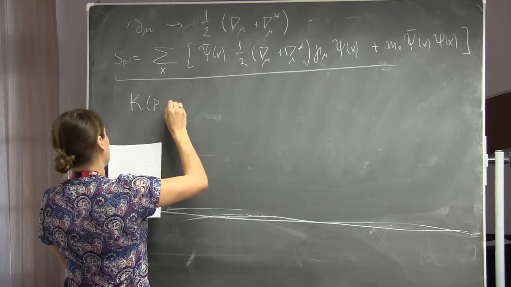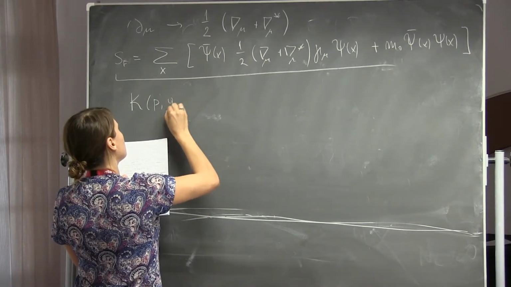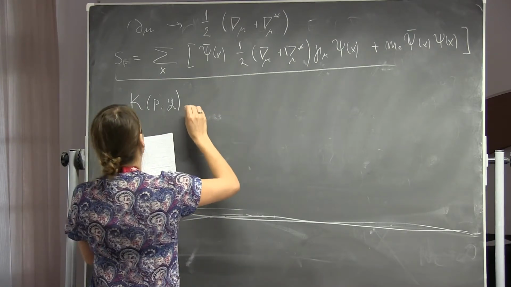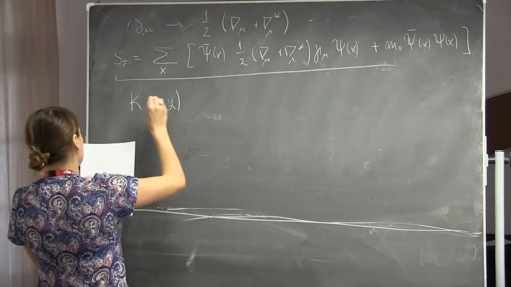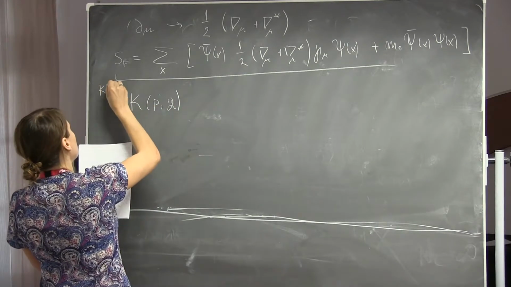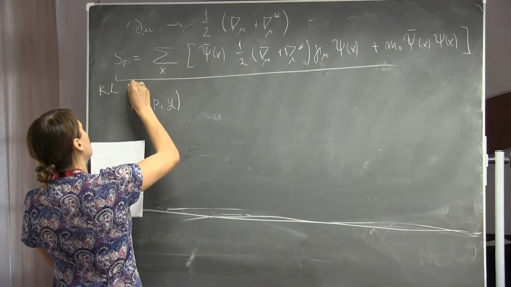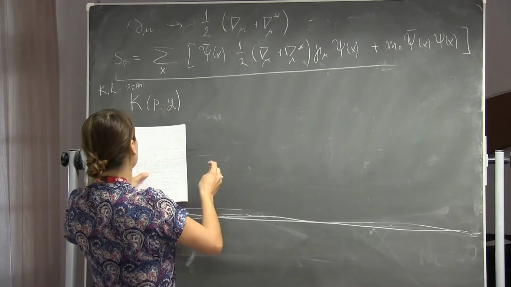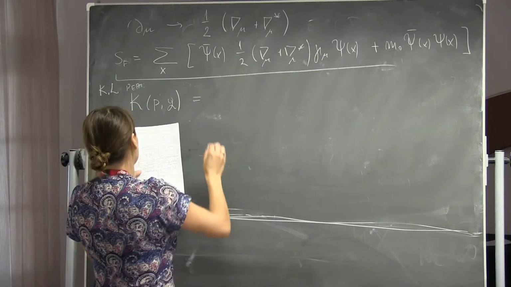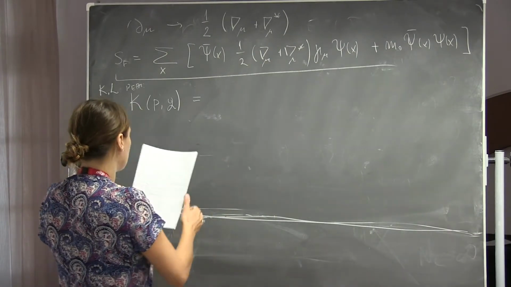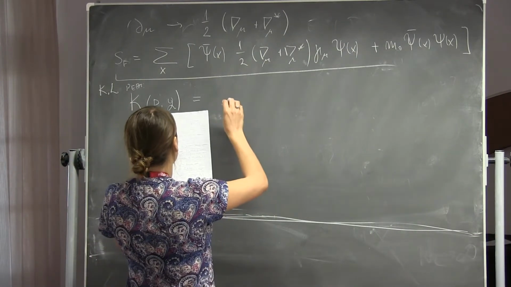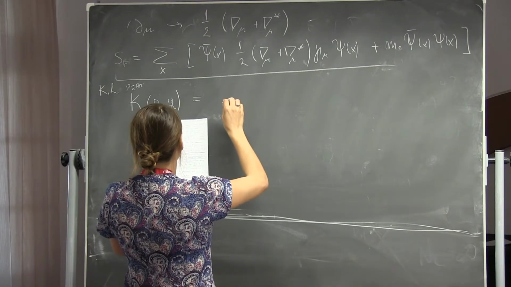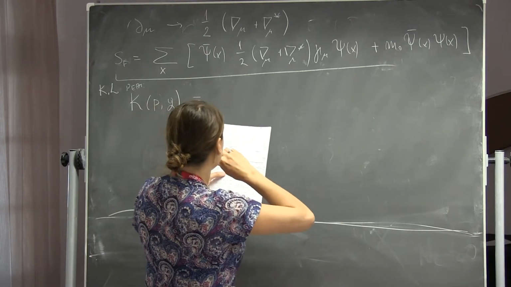The propagator in the Källén-Lehmann representation will be the following.